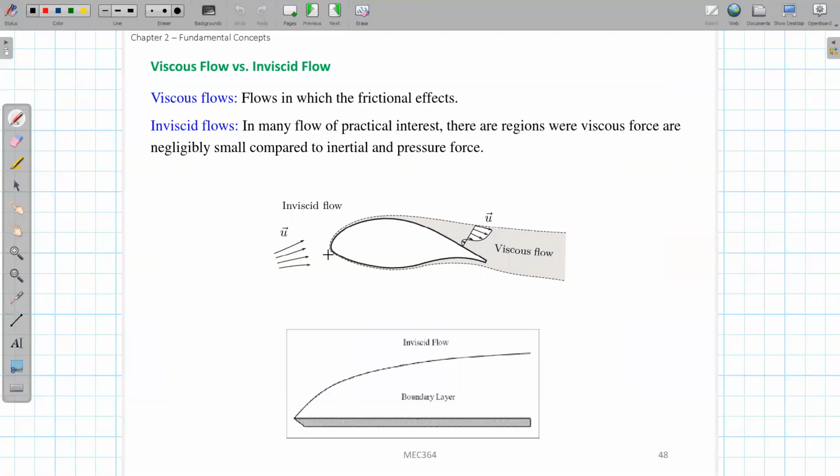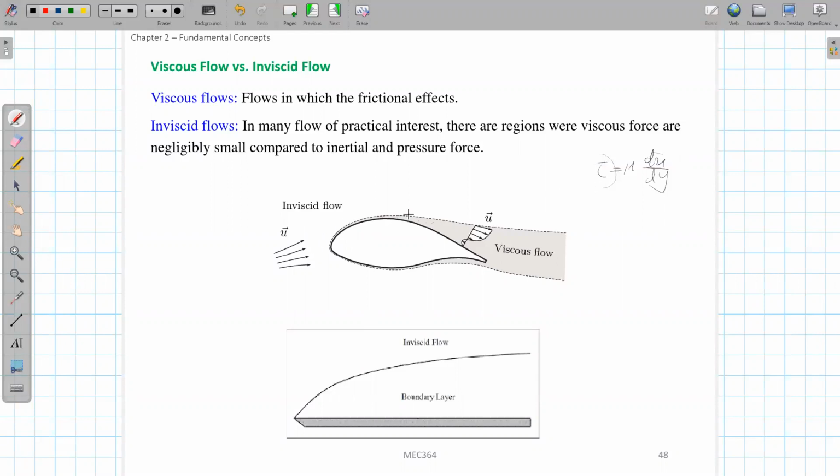In the region very close to the surface, we will form a small layer, this gray region. In this small region, we will have a very large velocity gradient. Because of Newton's law, we know that tau equals mu du dy. If this gradient is very large, then tau will be large, if mu is known. So in this small region, it is viscous flow because the viscous effect is large.